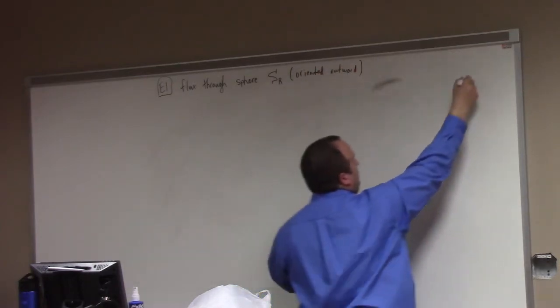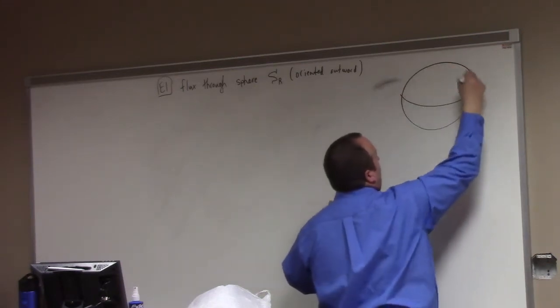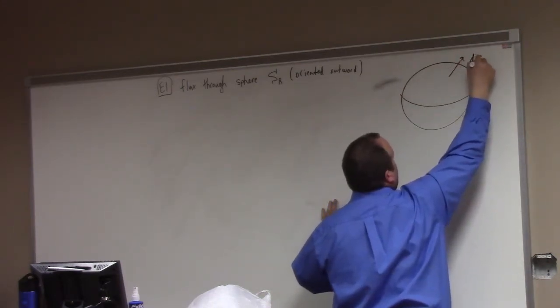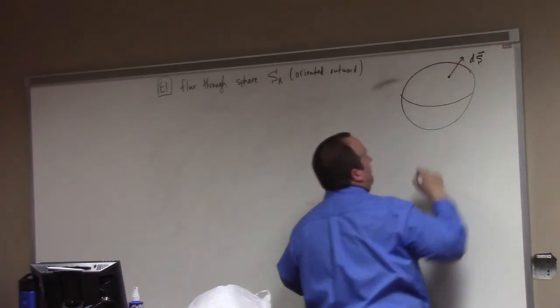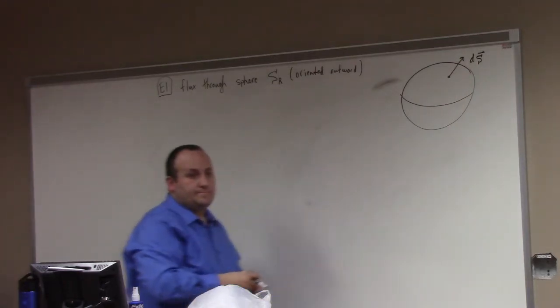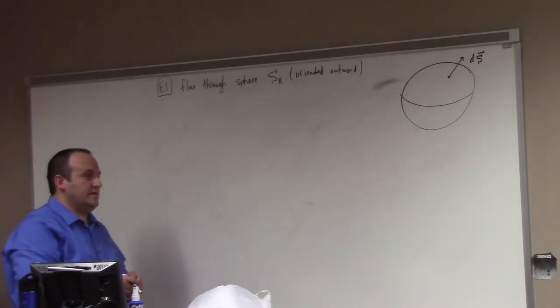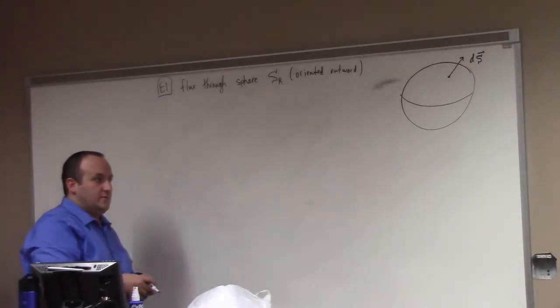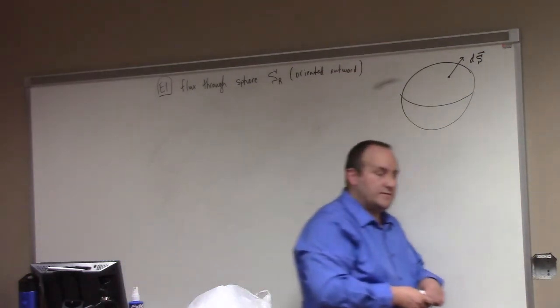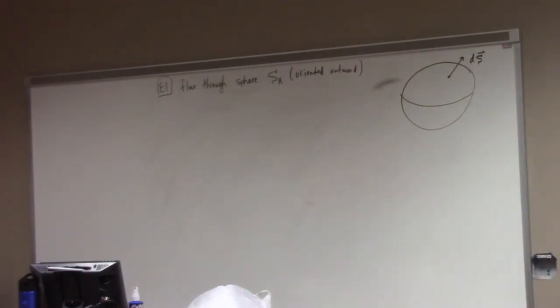So if I were to draw a picture of it, the dS would look like this. If you look at what I just wrote down, look at the dS without the vector, the scalar surface area element, and the vector surface area element.